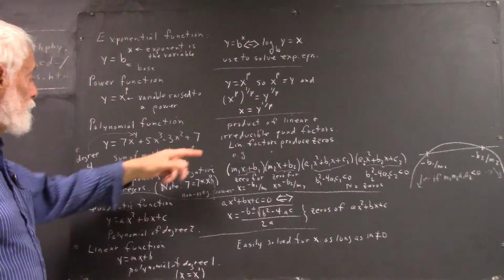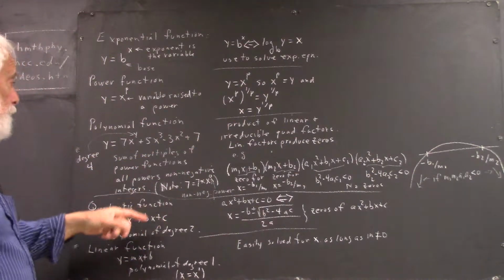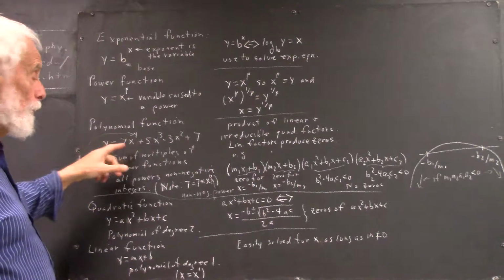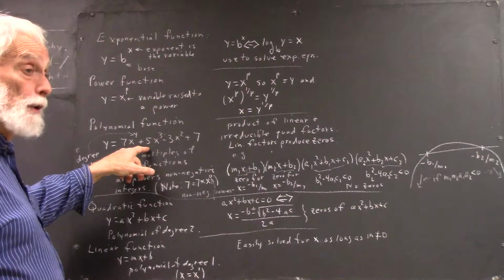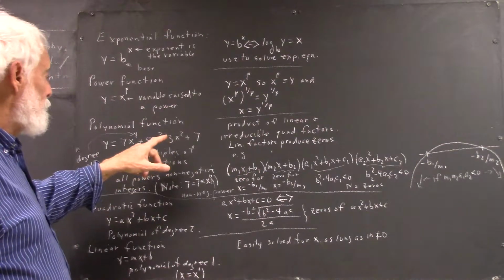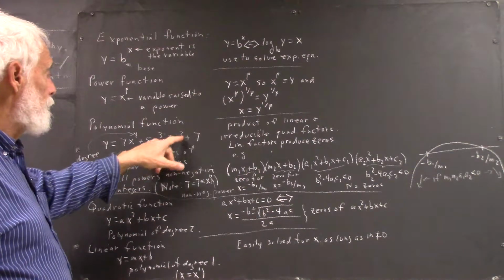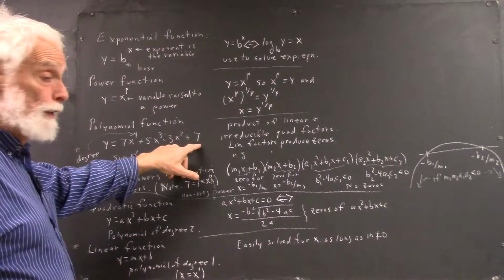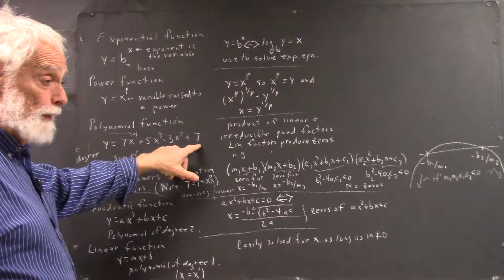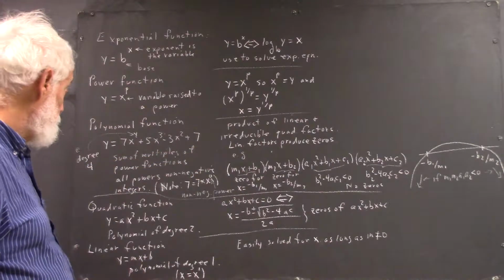So this is a sum of multiples of power functions. The power function x to the fourth multiplied by 7, added to the power function x to the third multiplied by 5. Then we subtract the power function x squared times 3, and then we add the power function 7x to the 0, or just 7.